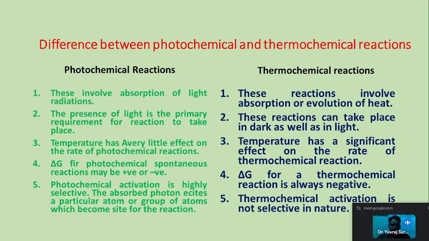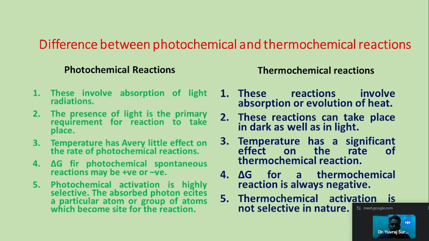Most of you know the thermochemical reaction. How does it differ from the photochemical reaction? The photochemical reaction involves absorption of radiation, while the thermochemical reaction involves absorption and evolution of heat, in the form of a byproduct or heat.